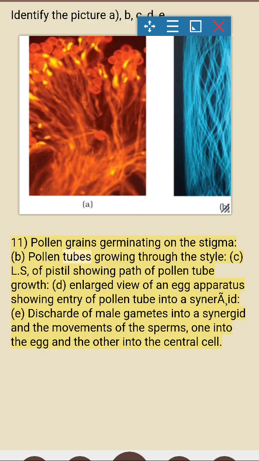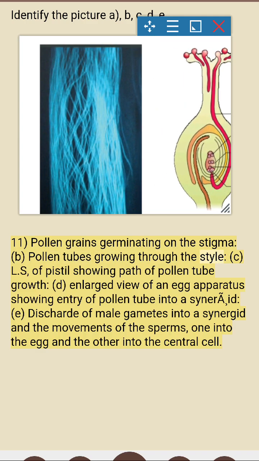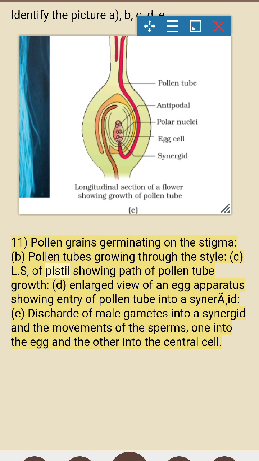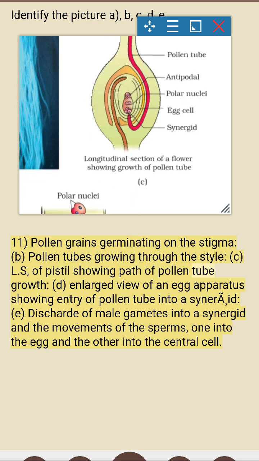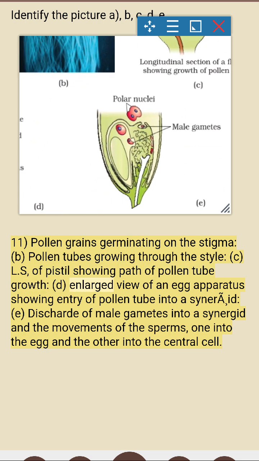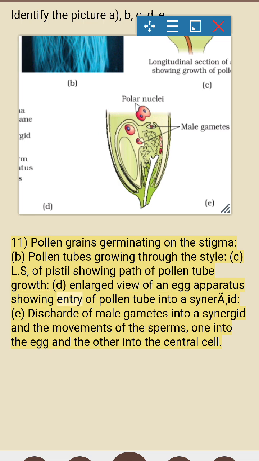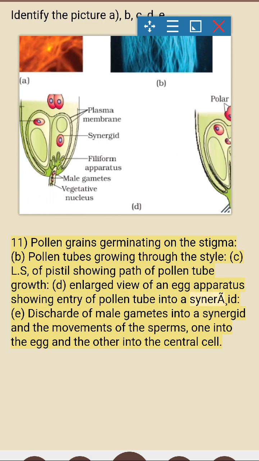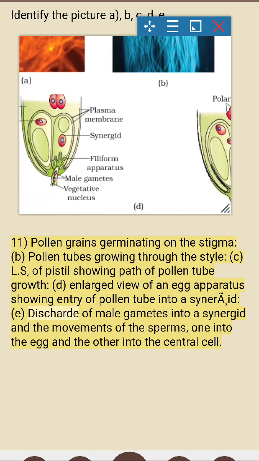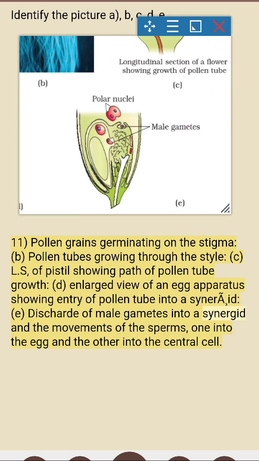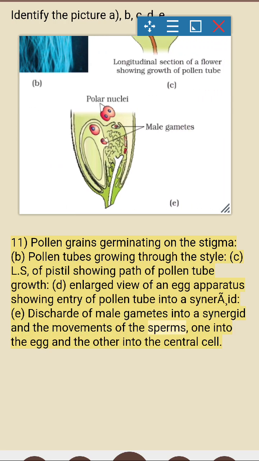B, pollen tubes growing through the style. C, LS of pistil showing path of pollen tube growth. D, enlarged view of an egg apparatus showing entry of pollen tube into a synergid. E, discharge of male gametes into a synergid and the movements of the sperms, one into the egg and the other into the central cell.